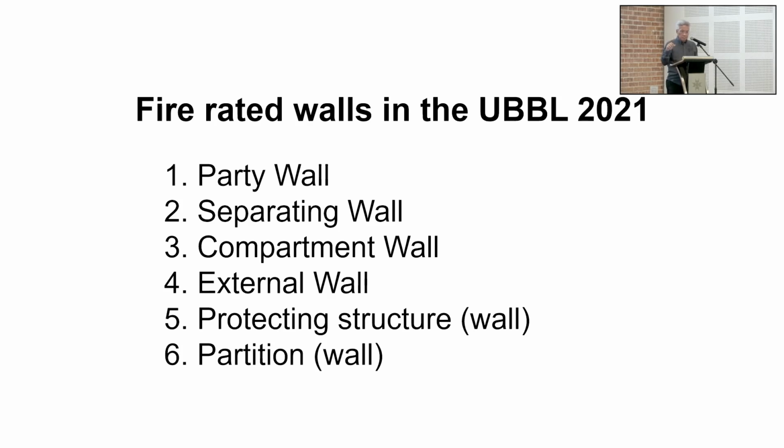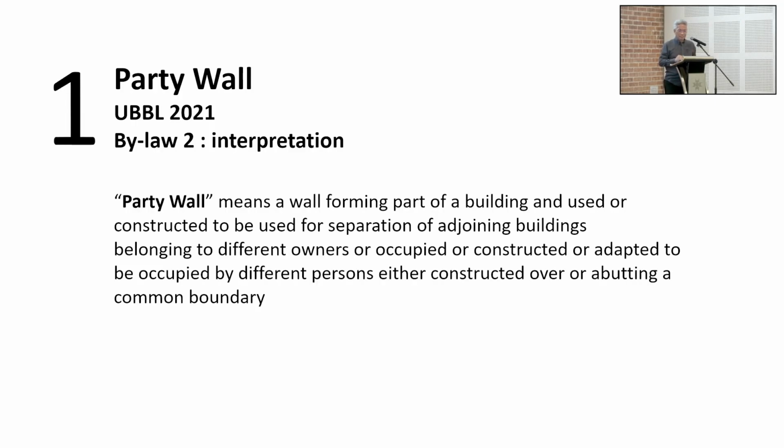There are 6 of them: party wall, separating wall, compartment wall, external wall, protecting structures, where we are referring to the walls forming the protecting structure, and then partitions, where the partitions are required to be fire rated. So there are 6 of these elements. Okay, let's dig into it.